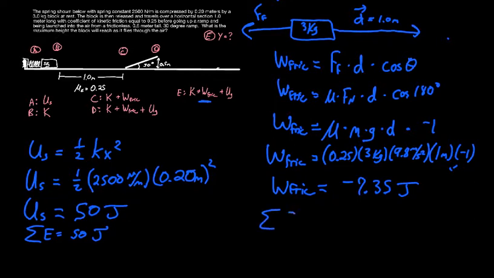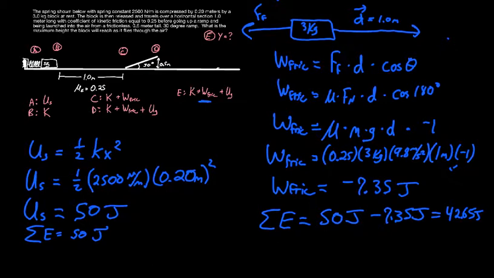So our new total energy is going to be equal to our starting 50 joules plus a negative 7.35 joules, which is going to get us 42.65 joules.